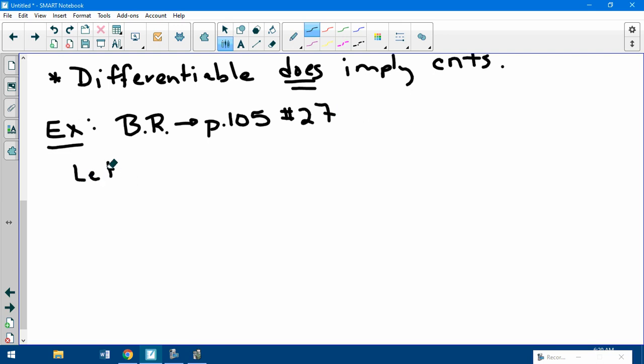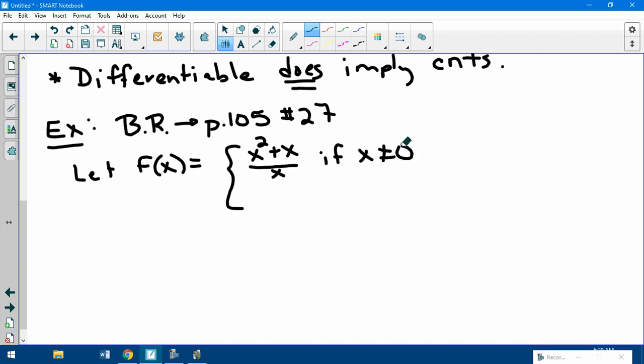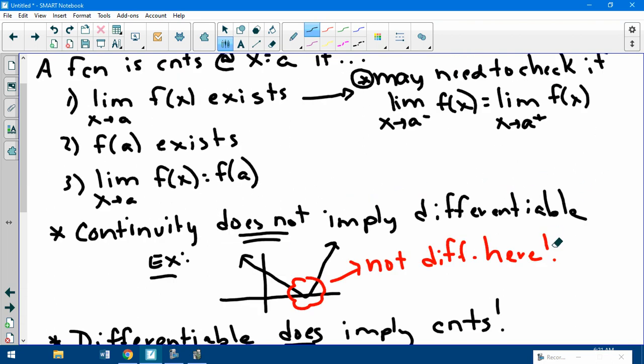And basically it says let f of x equal the piecewise function: x squared plus x over x if x isn't 0, and it's 1 if x is 0. And the question is, is it continuous at x equals 0? Okay, well, in order to do this, I'm going to check those three conditions.